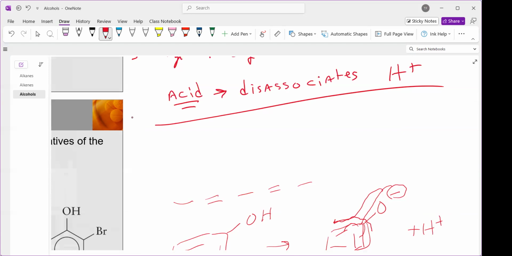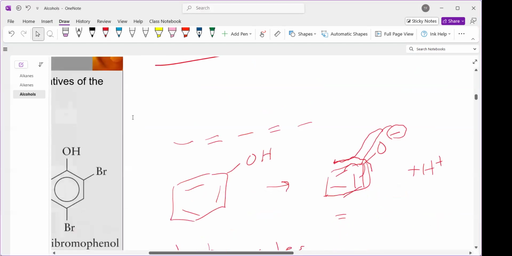So, in general, alcohols are not acids, except phenol. And the reason why it is an acid is because of the stability, if we look at it right.